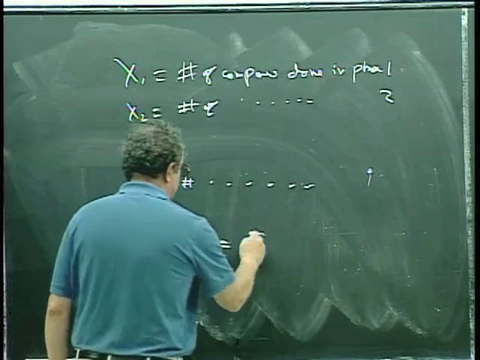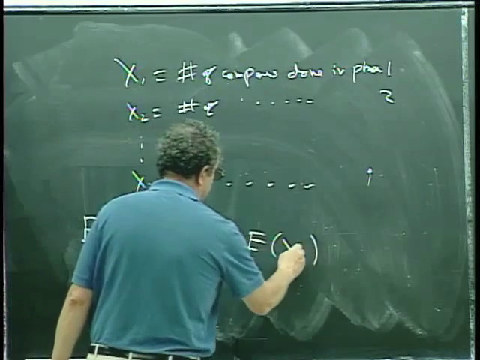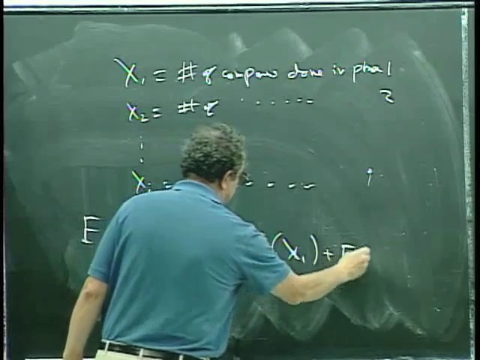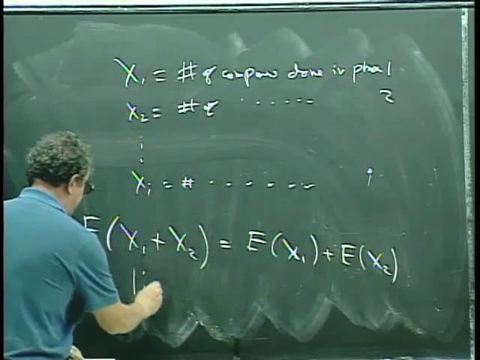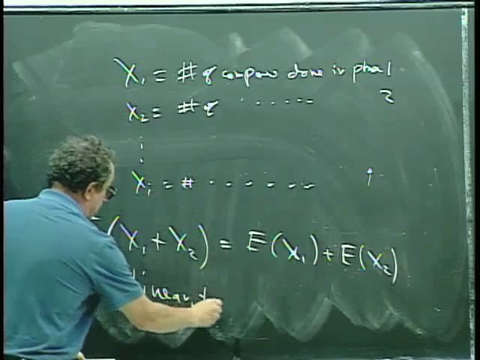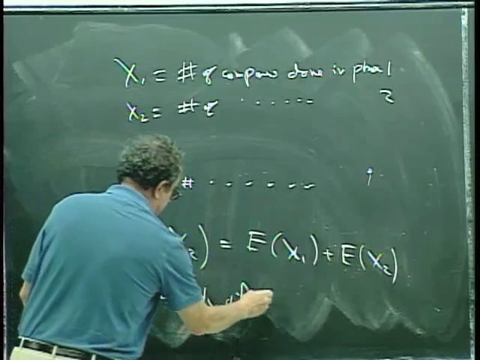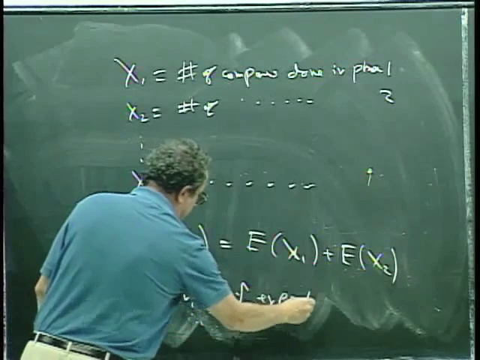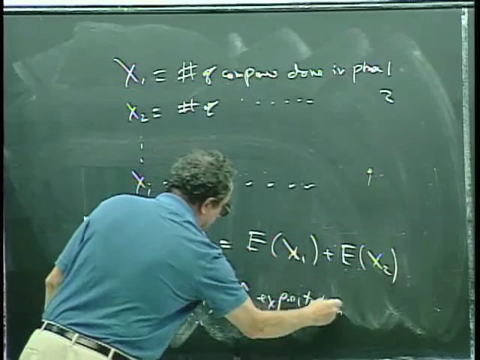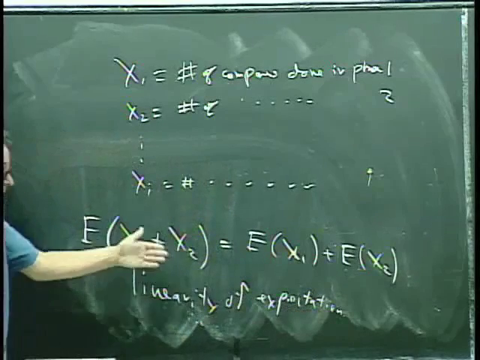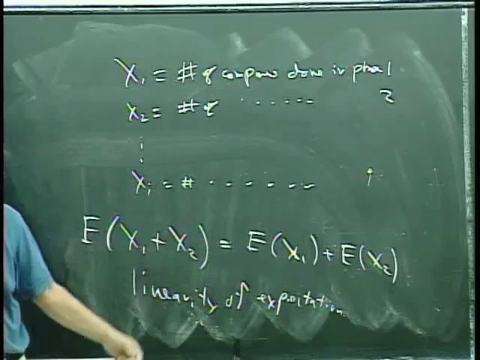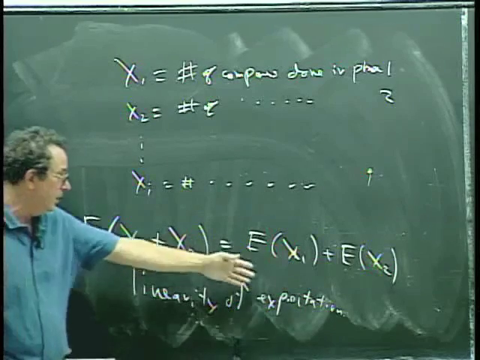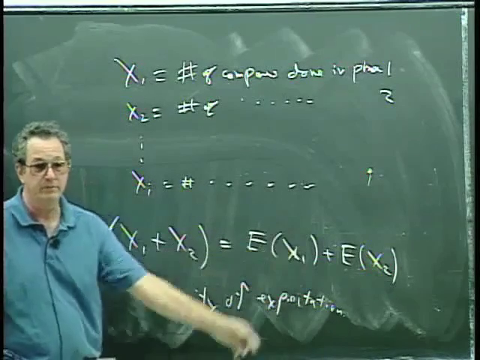This is the expected x1 plus expected x2. This is called the linearity of expectations. So you just get this nice decomposition. The expected value of the sum of two random variables is just the sum of the expected values of the two random variables.